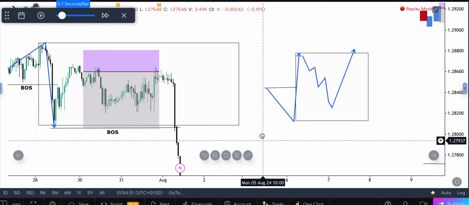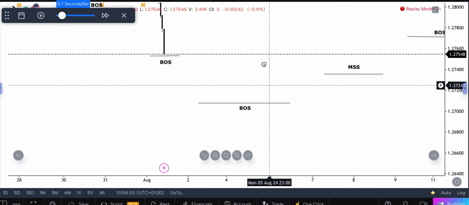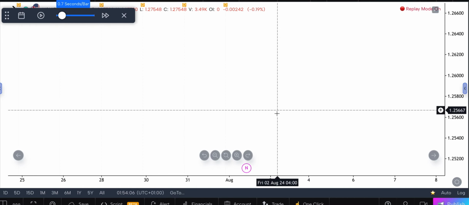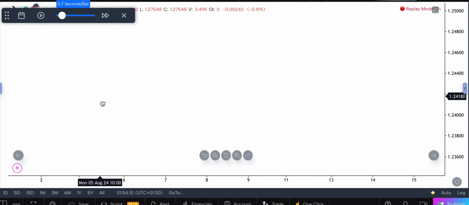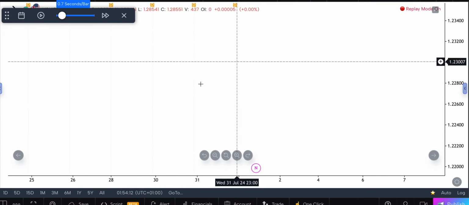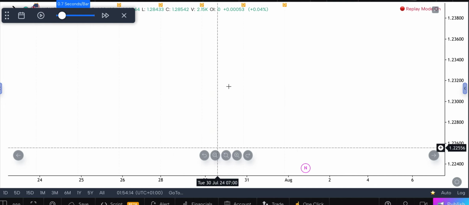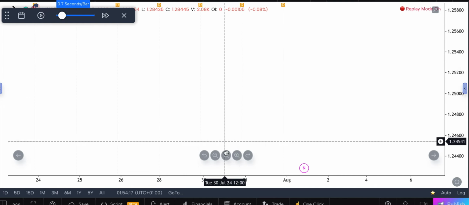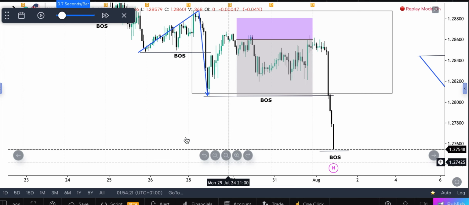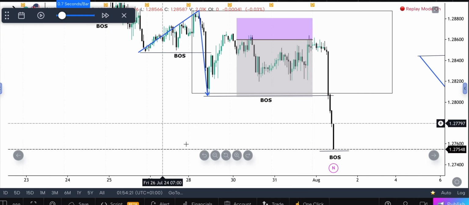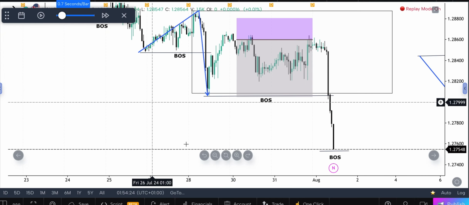If I'm to do a quick recap on market structure, like I said, the market structure itself is just based on higher highs and higher lows, and also lower lows and lower highs.